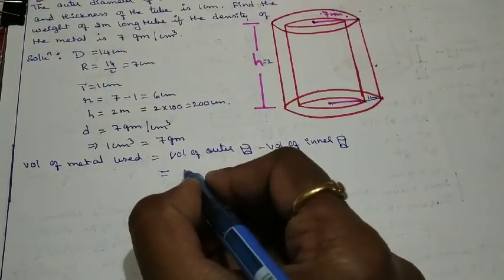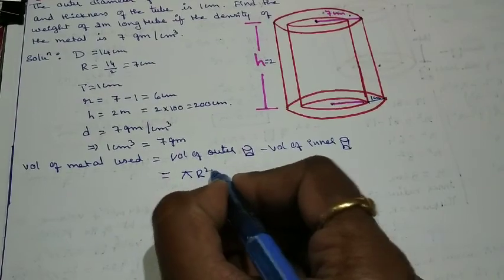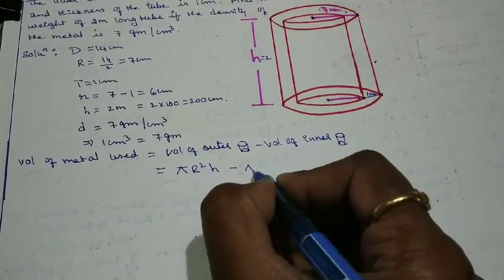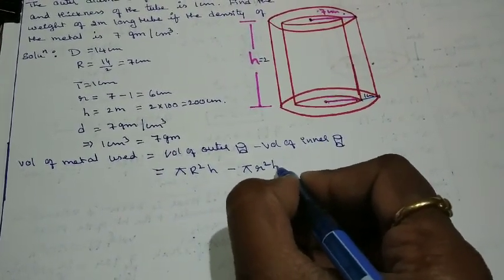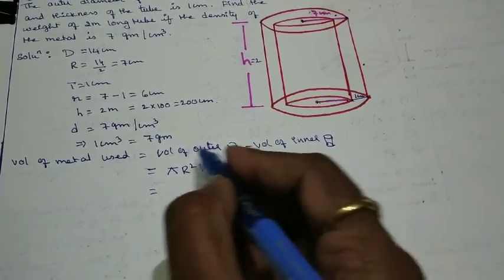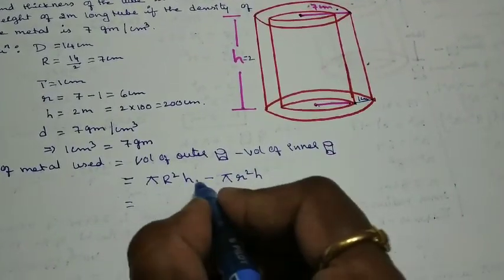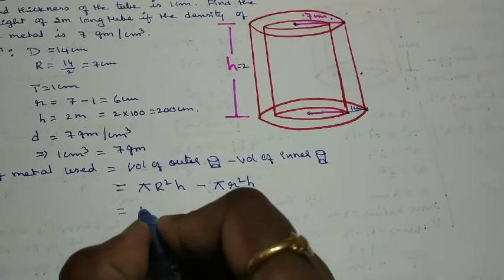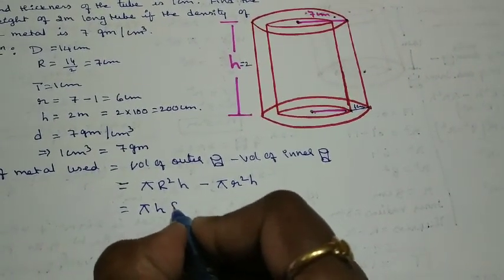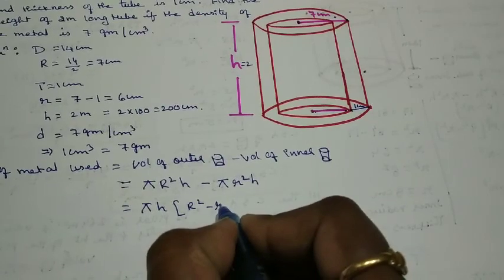Then pi r square h minus pi r square h. Since we are speaking about the same cylinder, h remains the same. So I'll take pi and h outside, then r square minus r square.